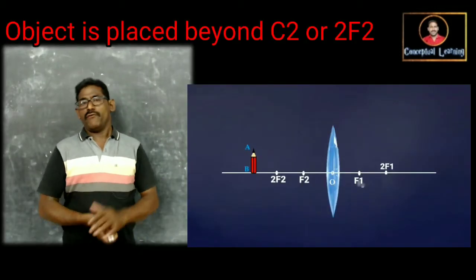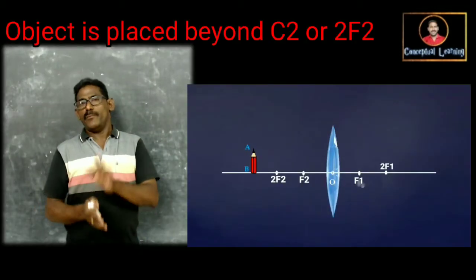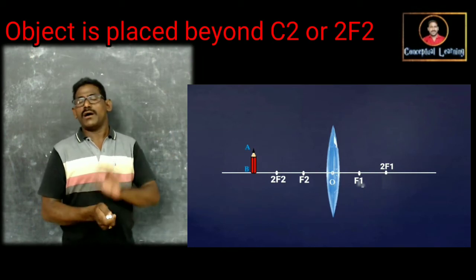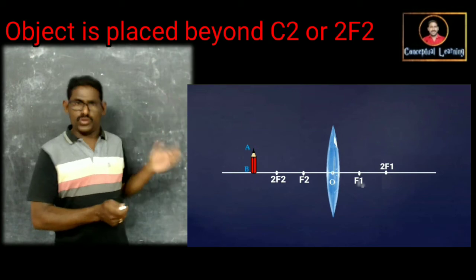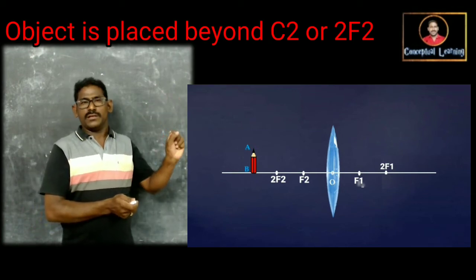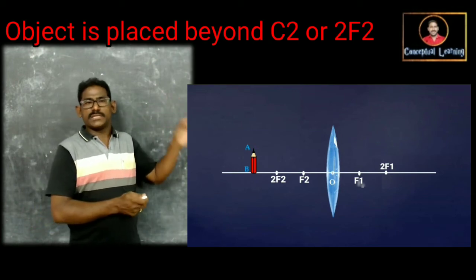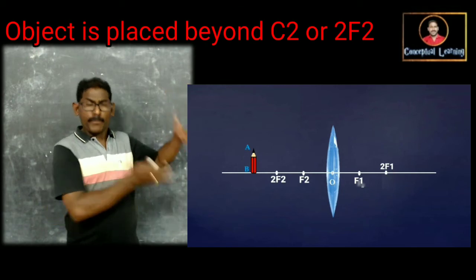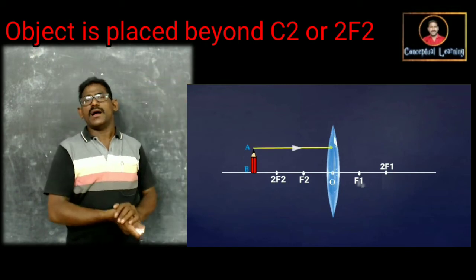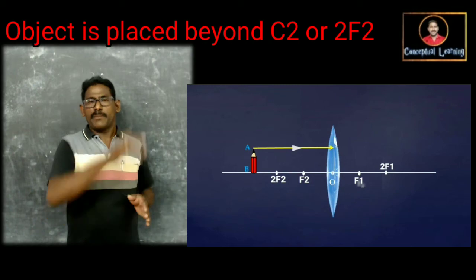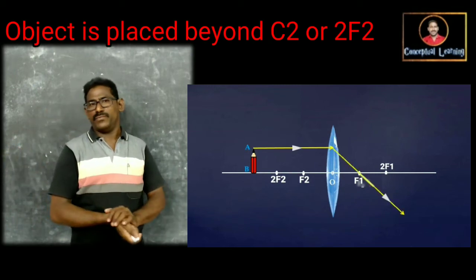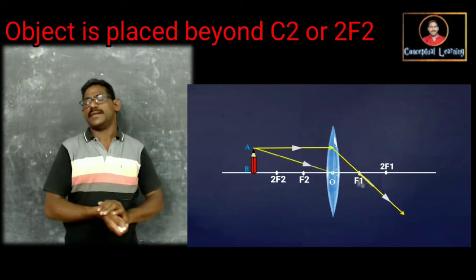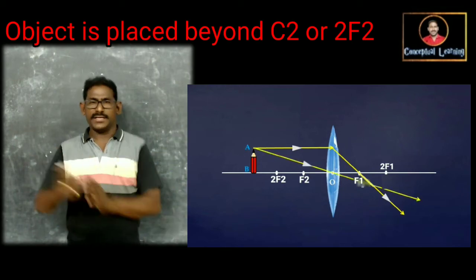Second case, when the object is placed beyond the center of curvature or 2F2. When the object is placed beyond 2F2, by the first rule, the ray which is parallel to the principal axis, after refraction passes through the principal focus, and the second ray which is passing through the optic center is undeviated.